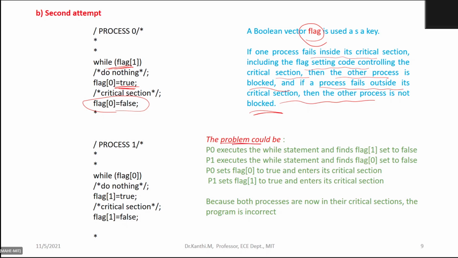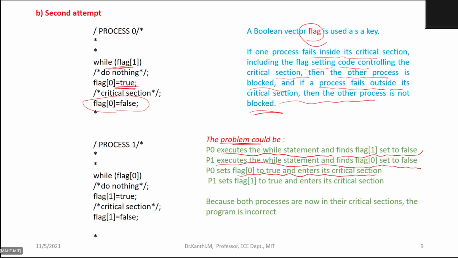The problems could be: P0 executes the while statement and finds flag 1 set to false. Similarly, P1 executes the while statement and finds flag 0 set to false. And P0 sets flag 0 to true and enters its critical section.